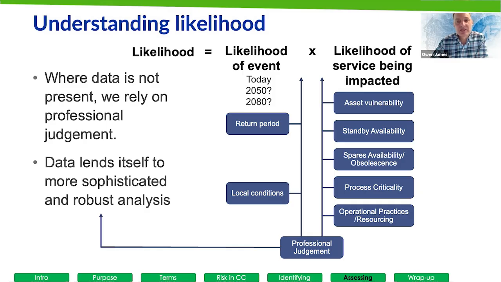how frequent events are. We also need to consider how resilient our systems are already, i.e. what controls, what systems do we have in place to mitigate some of these risks. And the resilience of our systems could be a function of a whole raft of different considerations. Do we have spares?